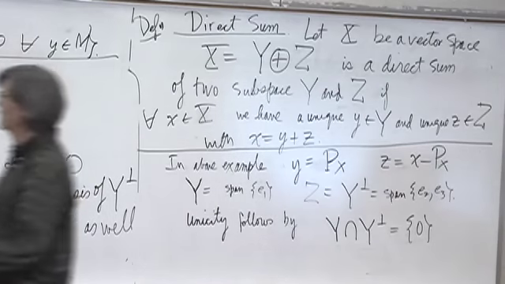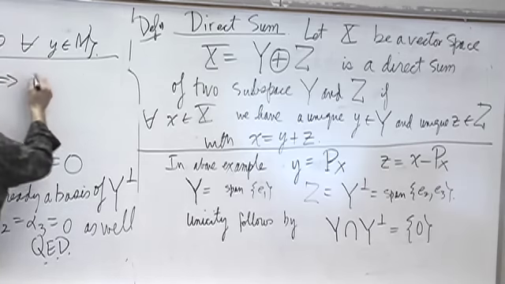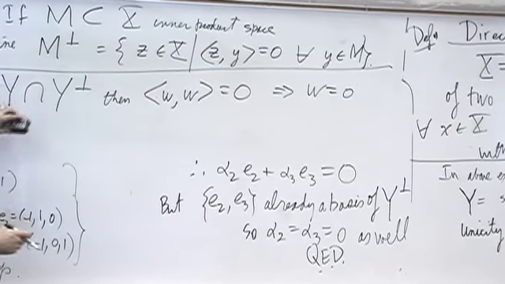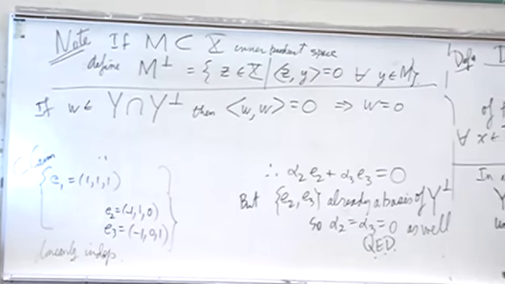Indeed, if W is in Y intersect Y complement, then W inner product W is equal to 0, since it's in both of them, which implies that W is the zero vector. Being in Y perp means it's perpendicular to everything in Y. This didn't even require Y to be a subspace. Those have to intersect in nothing but the 0 element.